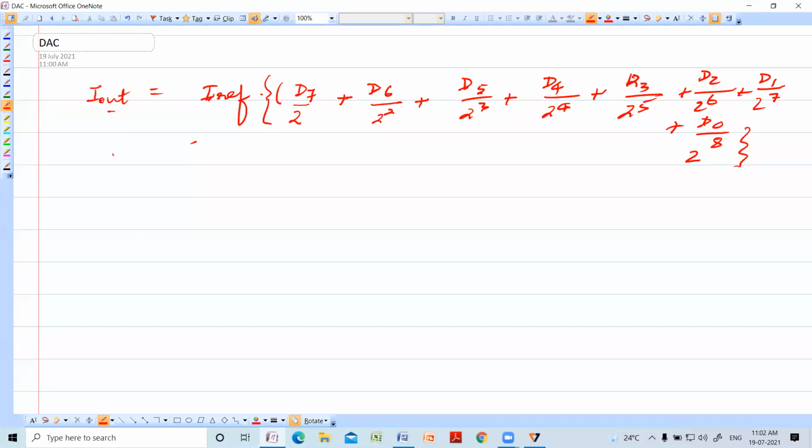Suppose you are converting the data 1001 0101, and IREF is 2 milliamps.